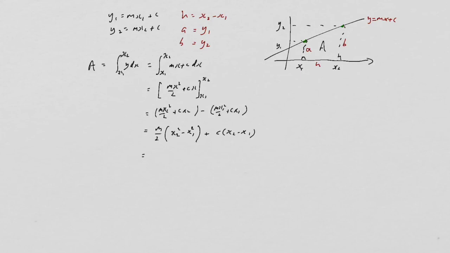So this gives us m over 2 times (x2 plus x1) times (x2 minus x1) plus our c times (x2 minus x1). And we can see in both of those bits we've got that. So we can take the x2 minus x1 out as a common factor, which will give us m over 2 times (x2 plus x1) plus the c, they're both multiplied by (x2 minus x1).